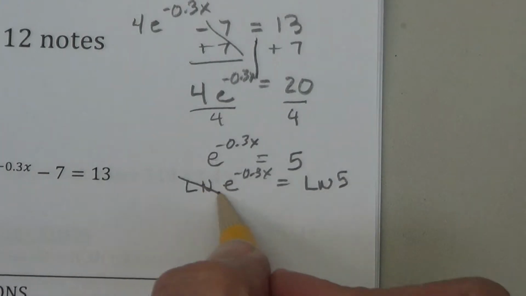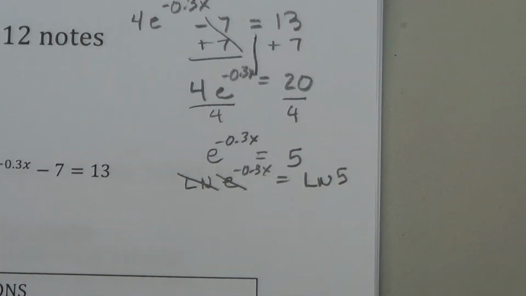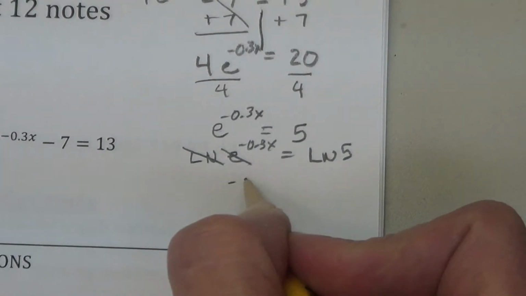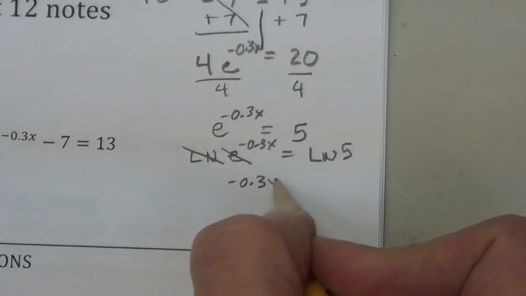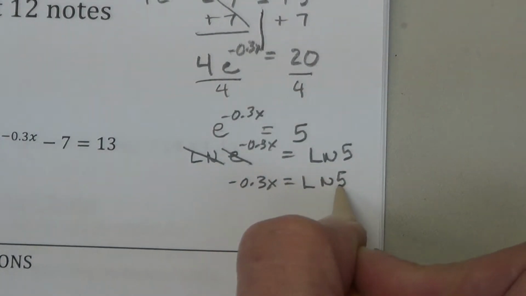Now that means that these two will cancel. It's just like when we have a log 2 and a 2 to an exponent. E and the ln cancel each other. So we end up with negative 0.3x equals ln 5.